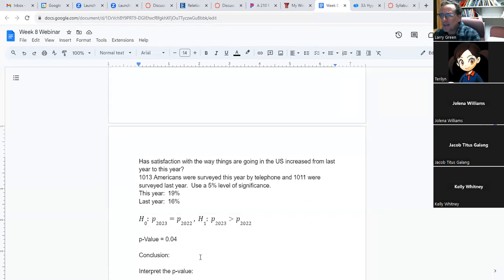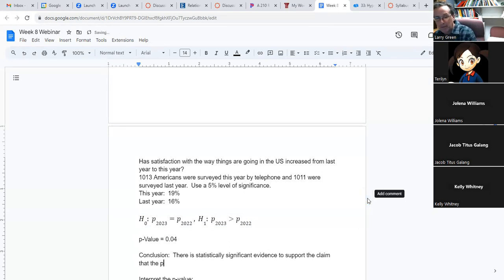So what is the conclusion for this hypothesis test? At least the start of it, if you don't want to write the whole thing. There is statistically significant evidence to support the claim, and then basically you just read H1 and write it in words, that the population.